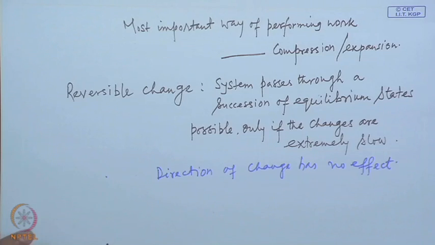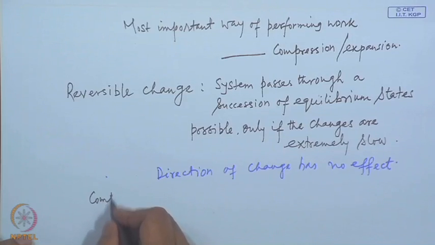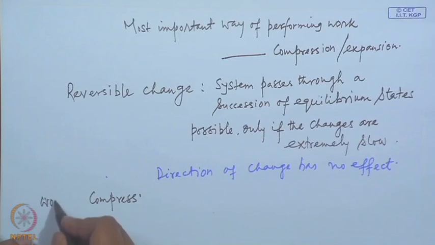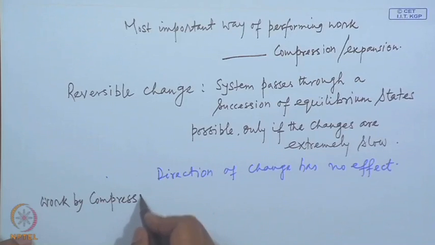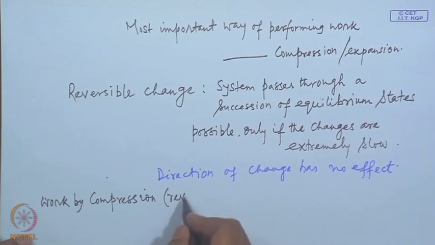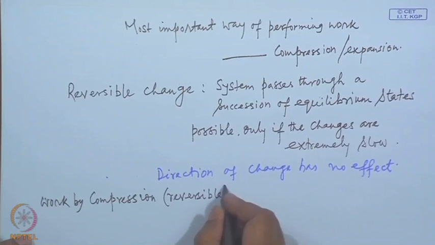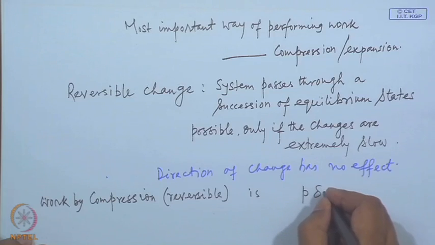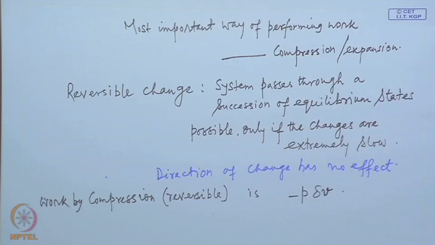So, the work by reversible compression is P delta V, and since the volume is decreasing, this is P delta V.